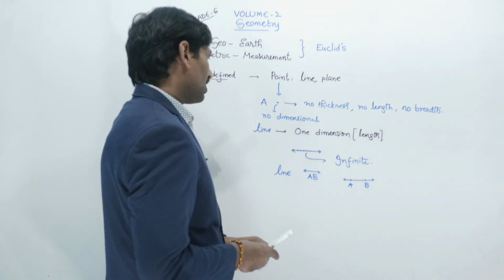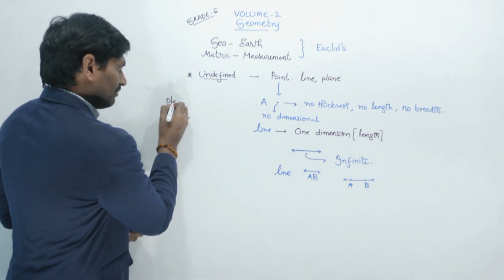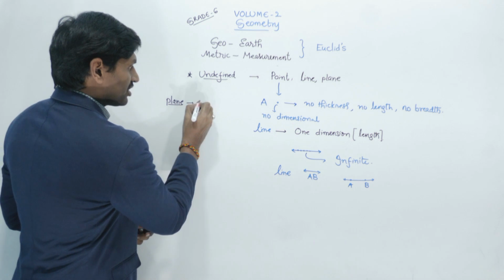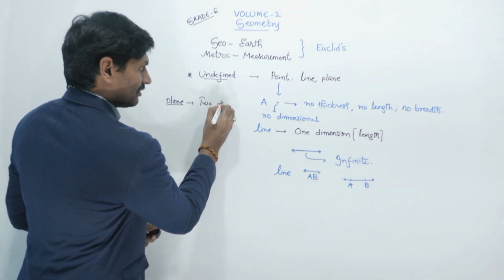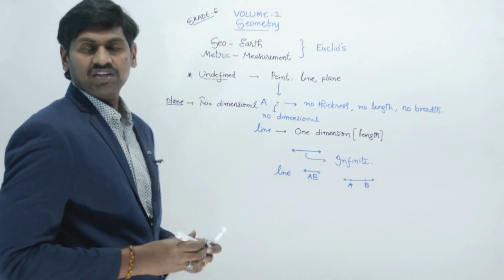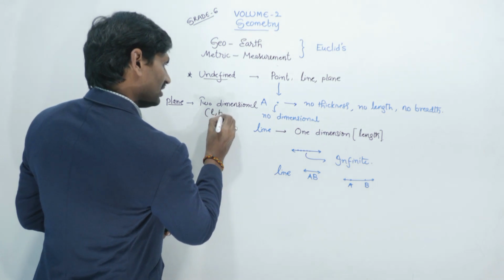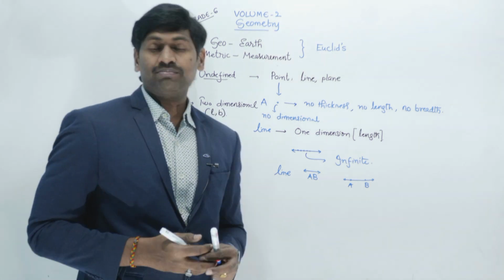Now coming to the third one, the plane. A plane is a two-dimensional object. The two dimensions are length and breadth.